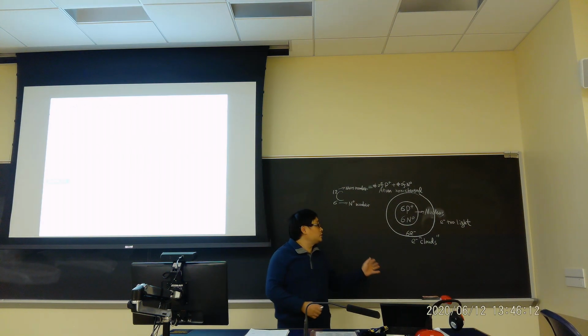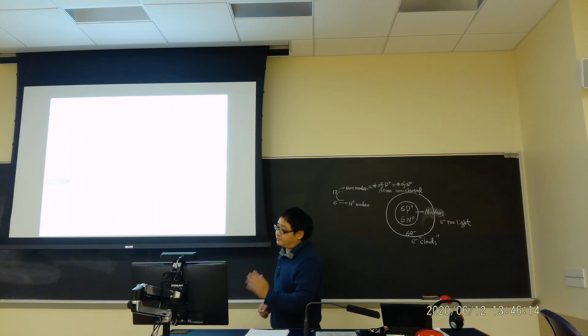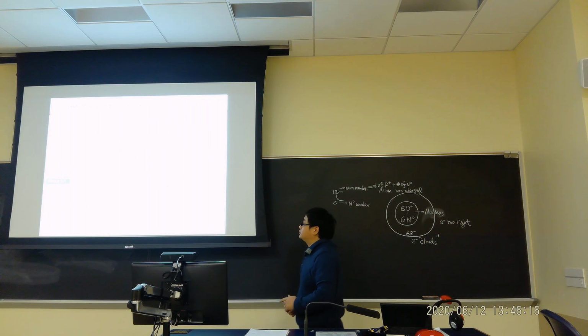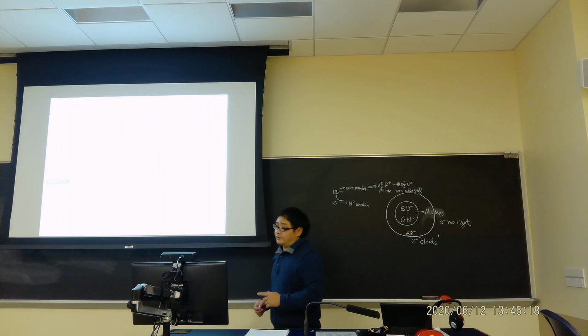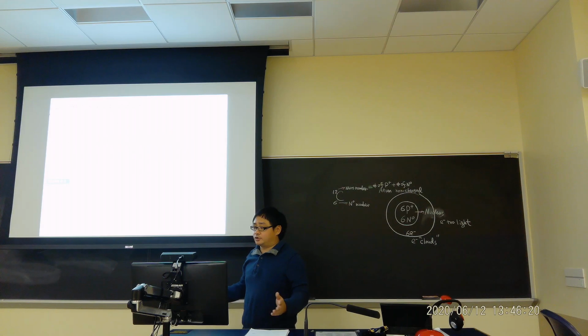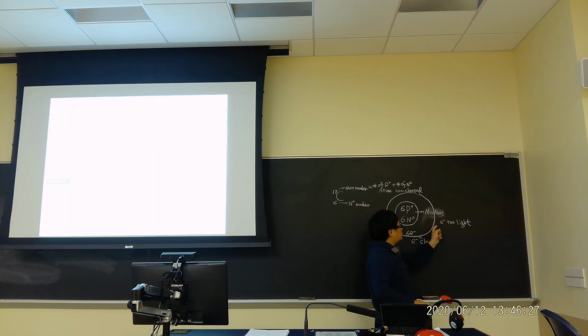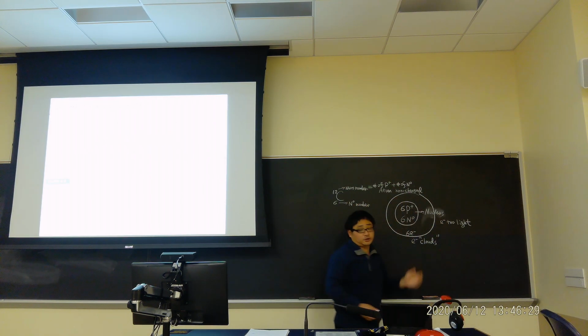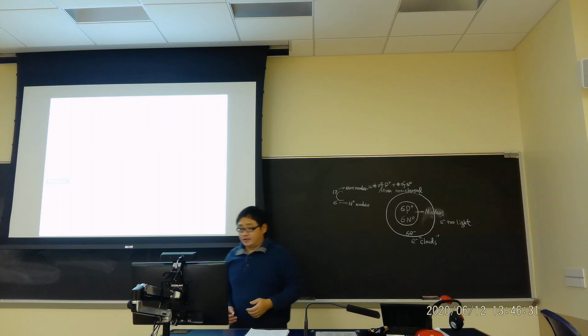Now, this was already mentioned: an atom has an atomic number, which is the number of protons in the nucleus, and the atomic mass, which is the sum of protons and neutrons. Because electrons are too light, we do not take them into consideration.